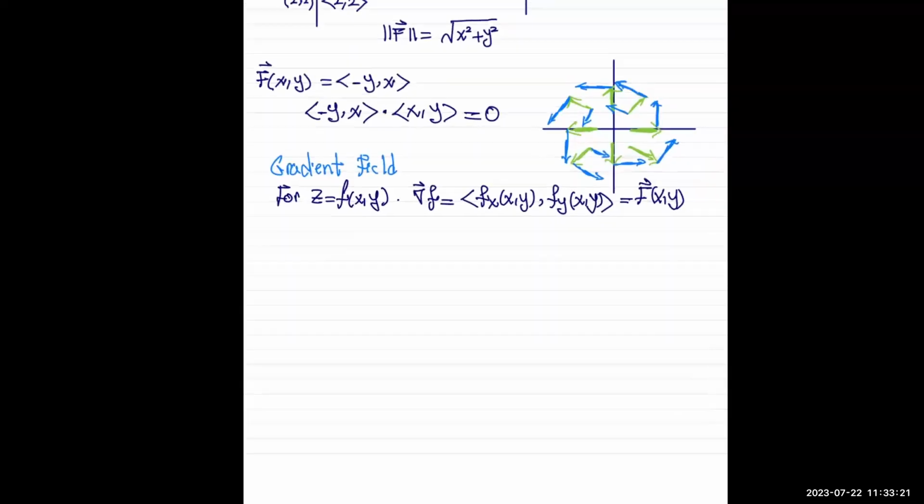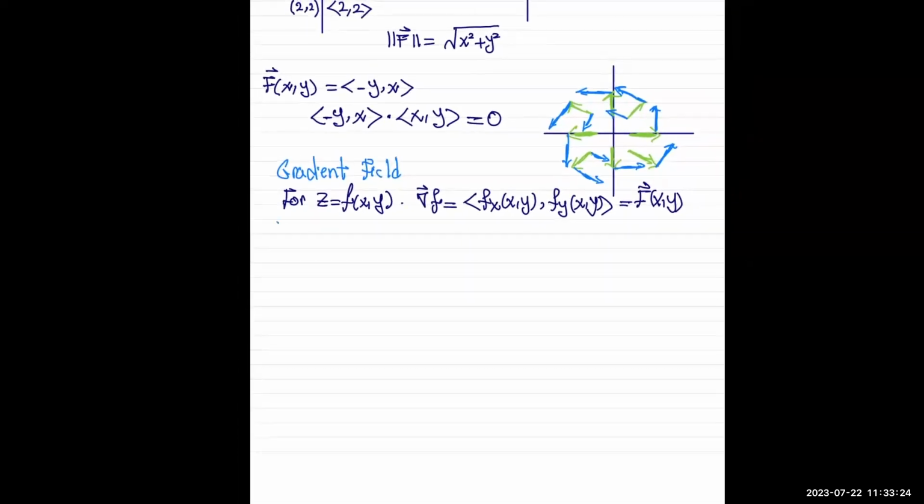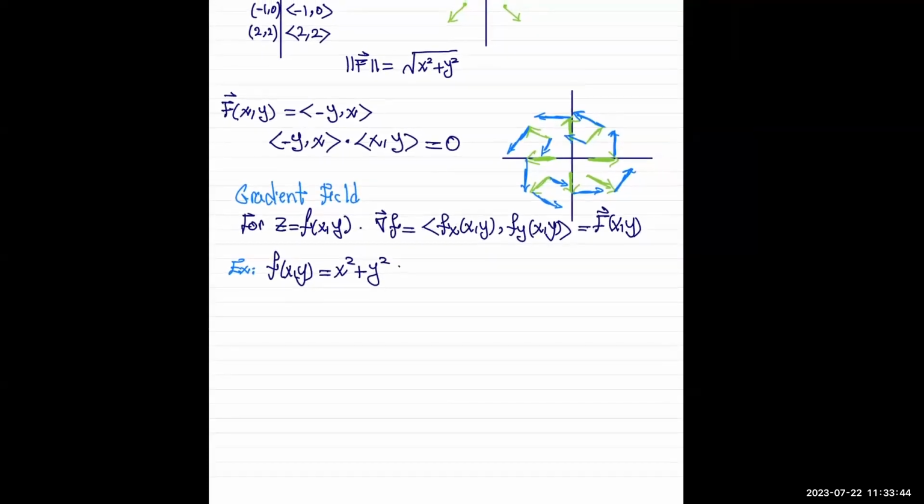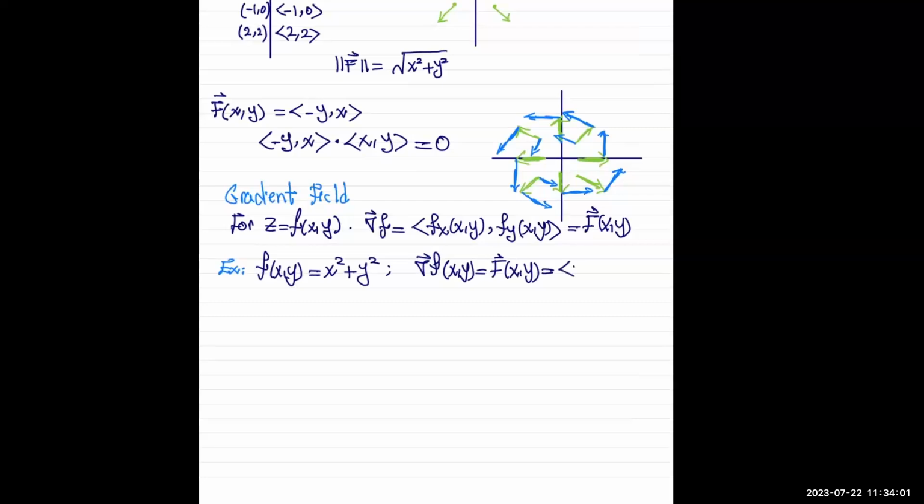So what does that mean? What does a gradient field do? Let's look at an example of a function that we are all familiar with, the paraboloid, whose gradient, the gradient of little f, which you can again think of as the vector field capital F if you want to call it that, is just 2x, 2y.